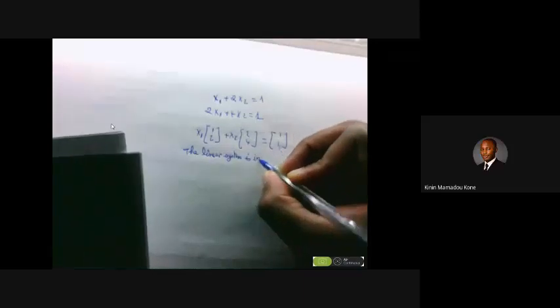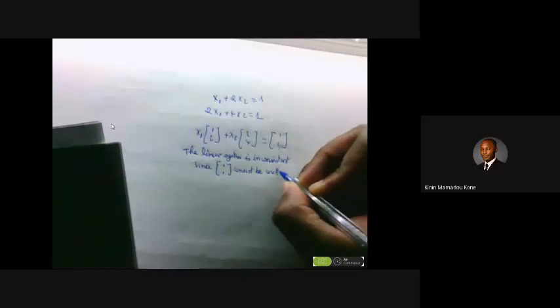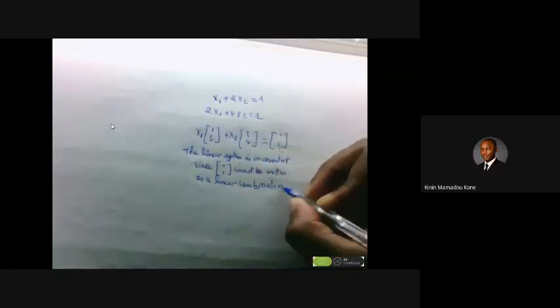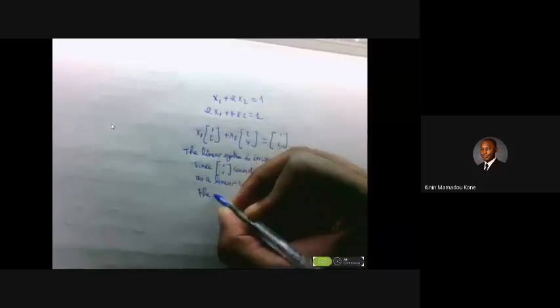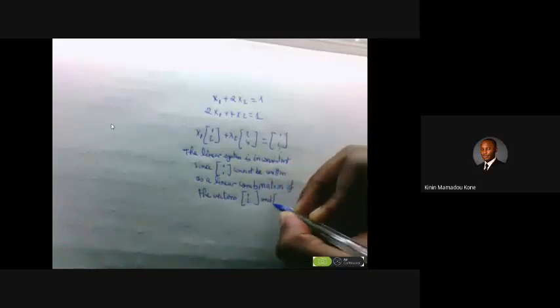But for this one, it's simple. The linear system is inconsistent since (1, 1) cannot be written as a linear combination of the vectors (1, 2) and (2, 4).